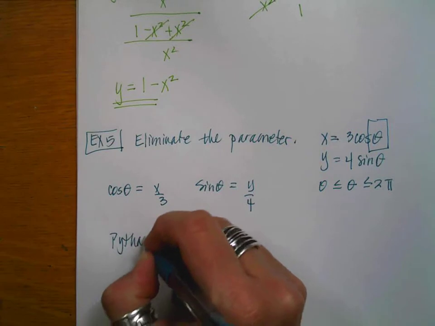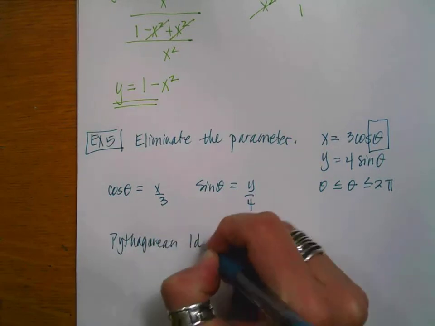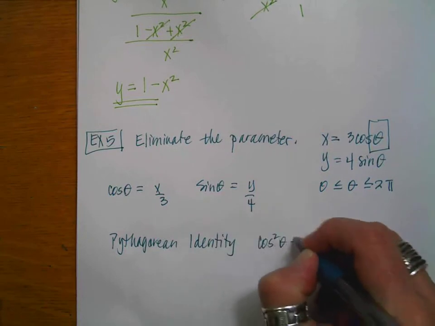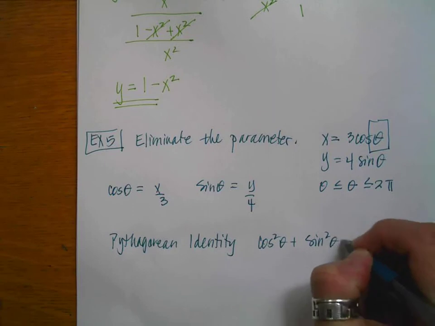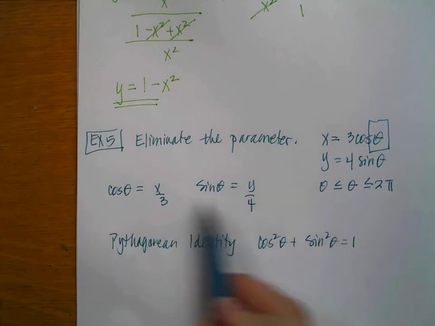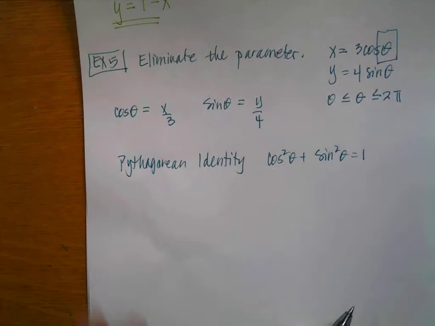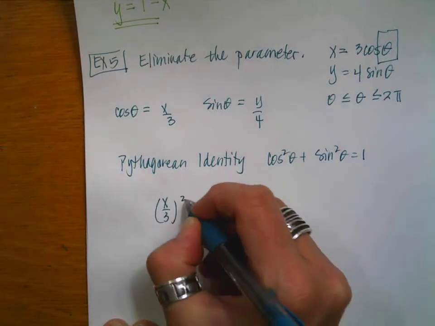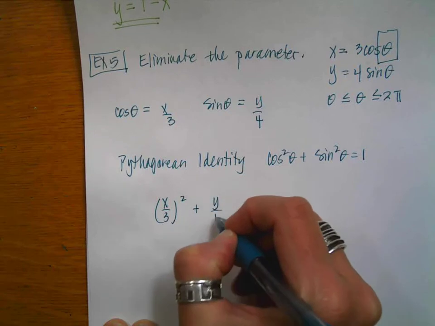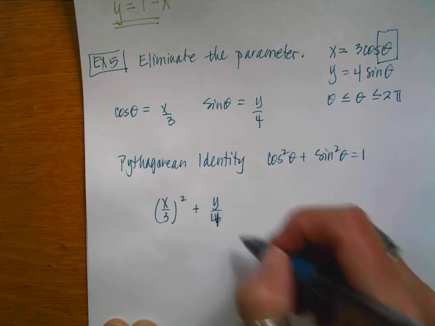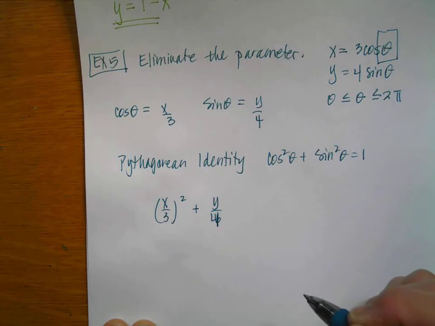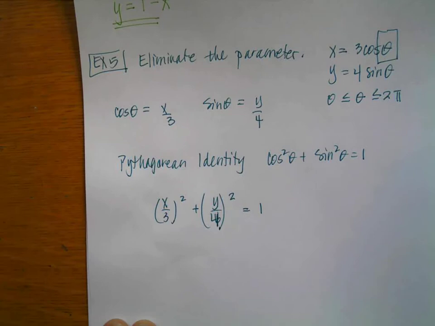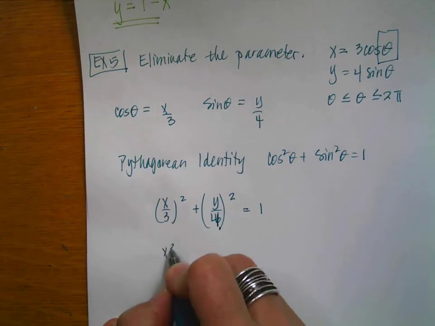I'm going to use the Pythagorean identity, and remember that the Pythagorean identity says that cosine squared theta plus sine squared theta is 1. So I'm going to square both equations. So I'm going to have (x over 3) quantity squared plus (y over 4) quantity squared is equal to 1.